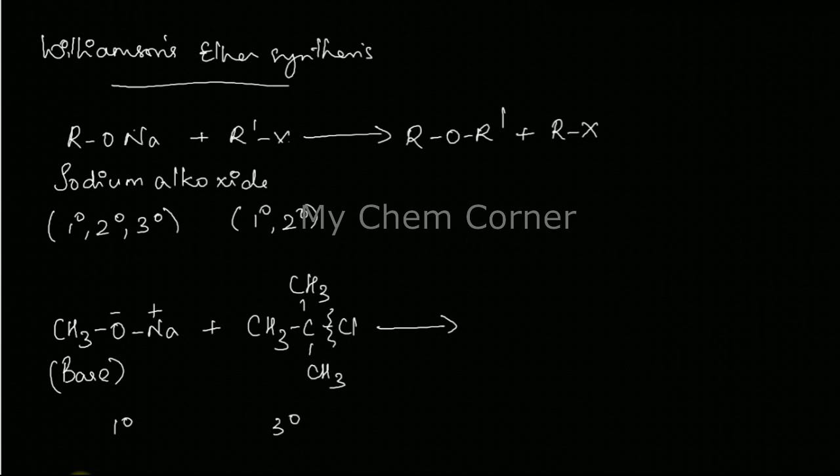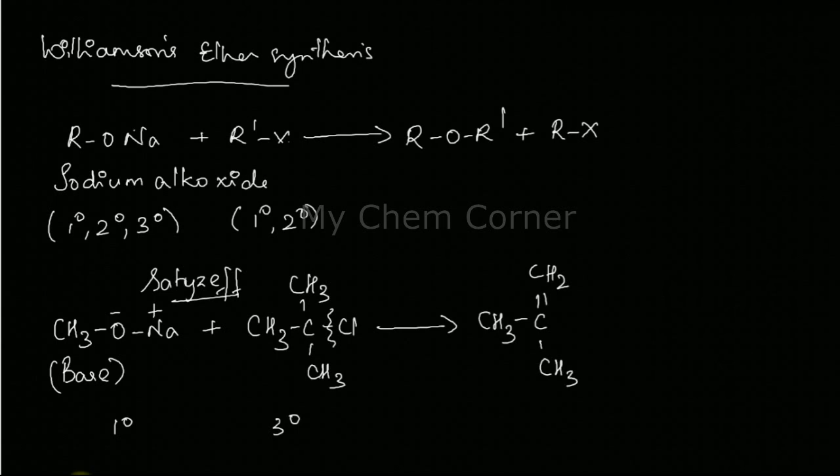Alkoxides are very strong bases. In the presence of a tertiary alkyl halide, instead of acting as a nucleophile, it's going to act as a base, and it will abstract a proton from one of the beta carbons. Then it will follow Zaitsev rule, doing the beta elimination reaction, and you will end up forming an alkene here.